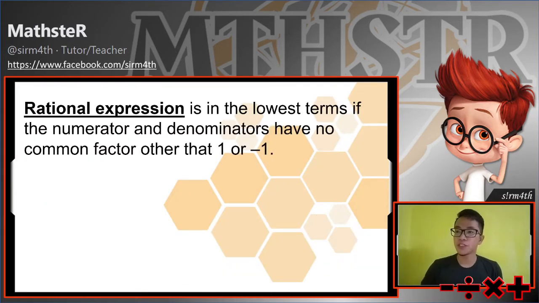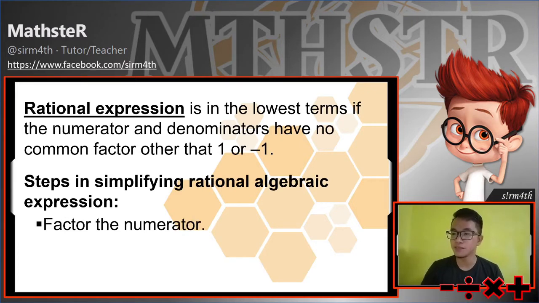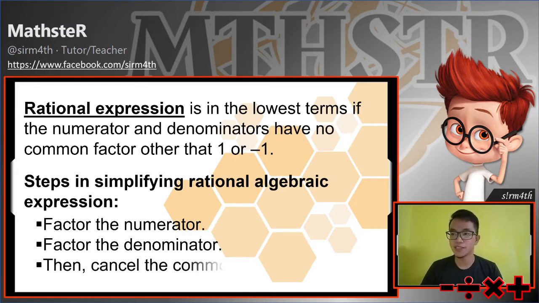So, a rational expression is in the lowest terms if the numerator and denominator have no common factor other than 1 or -1. And in simplifying rational algebraic expressions, we need to consider these steps. First, factor the numerator. Second, factor the denominator. And then, cancel the common factor.